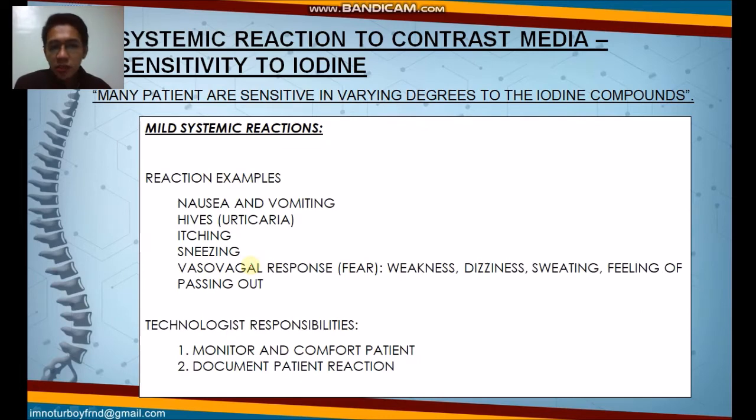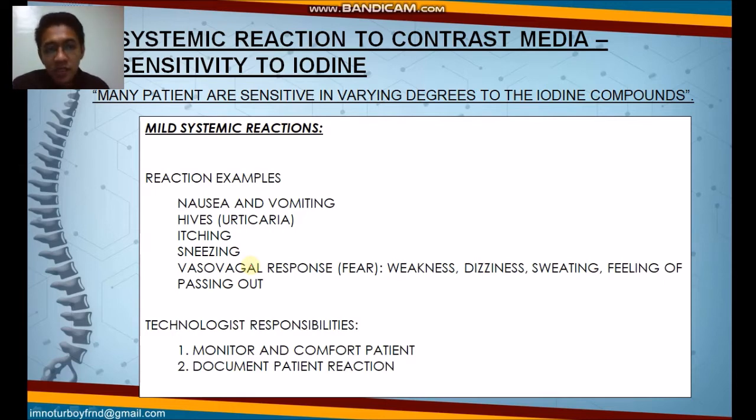The reactions of the patient can be categorized as mild, moderate, or severe systemic reactions. Examples of mild systemic reactions are nausea and vomiting, hives or urticaria, itching, sneezing, vagovagal response, or the patient may feel fear, weakness, dizziness, sweating, and a feeling of passing out.